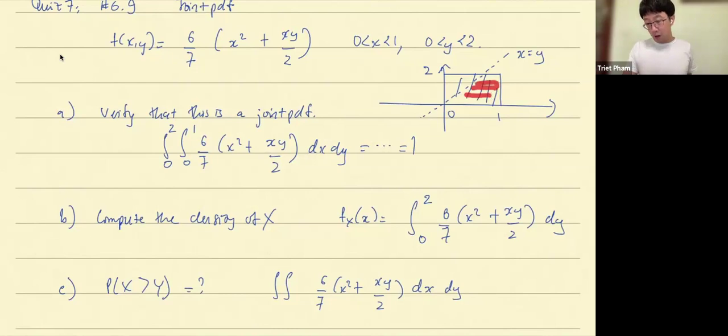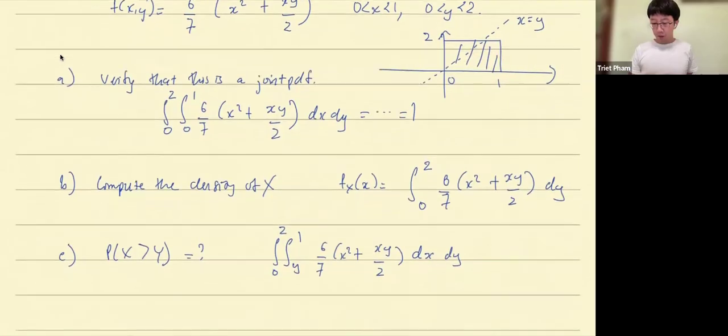If you do dx dy, x will always go from y to 1, and y would always go from 0 to 2. But if you do dy dx, and again, it's kind of funny because the default is mostly dx dy, then y depends on where x is.